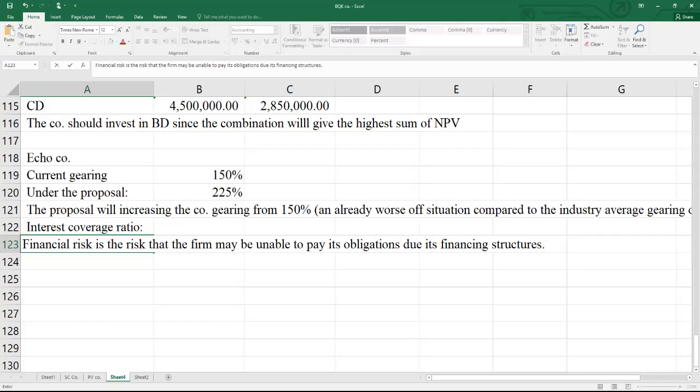So what is the chance that you may be unable to pay for the obligations simply because of the way you're financing your assets? That is referred to as the financial risk.